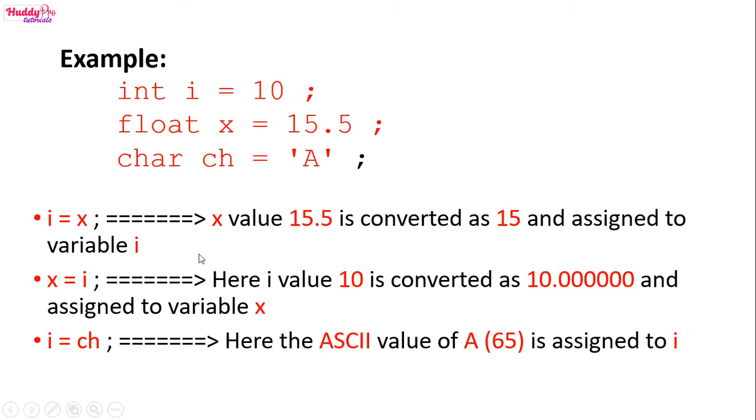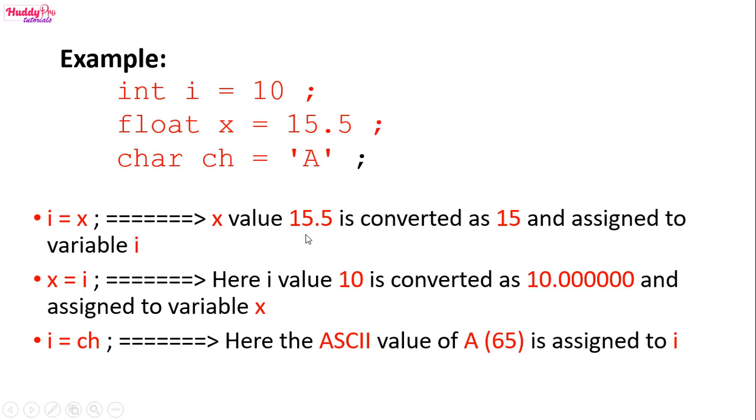So here we are trying to see how implicit type conversion works. Now if I is assigned x, I is integer. If we assign it x, which is 15.5, we are assigning a float to an integer. We are saying that this value 15.5 is going to be converted to 15, and then it will be assigned to the variable, and the compiler will do that automatically.